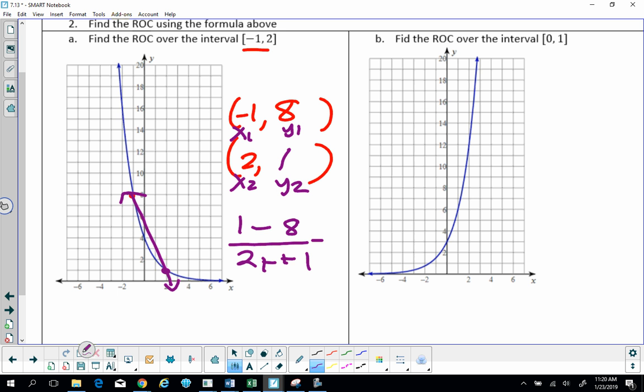So when we do this, you end up getting -7 over 3. So you can put this in your calculator if you want, that's fine. But if you're doing it by hand, just remember, a lot of people drop that negative. So when I do that, I do -7 over 3, and that can't reduce anymore, so that's my answer. Does that make sense?